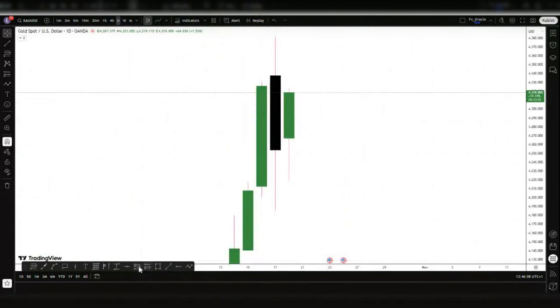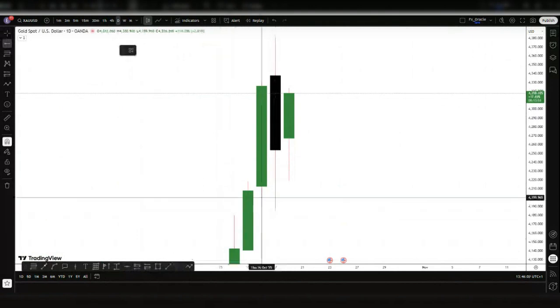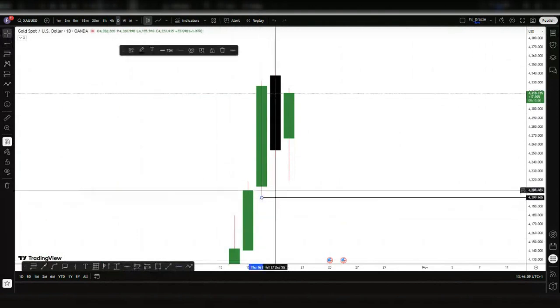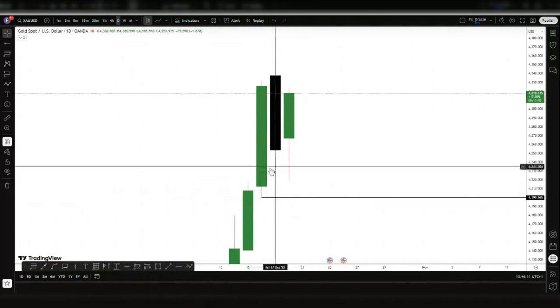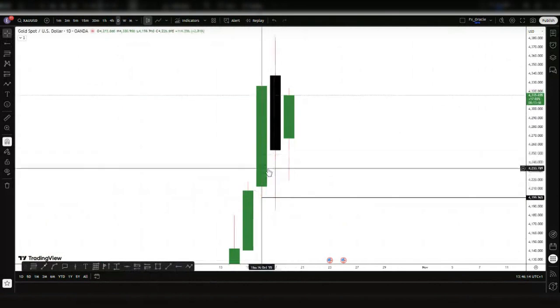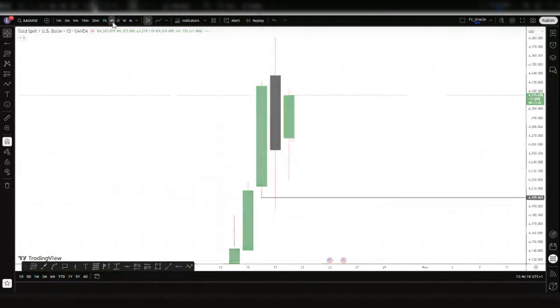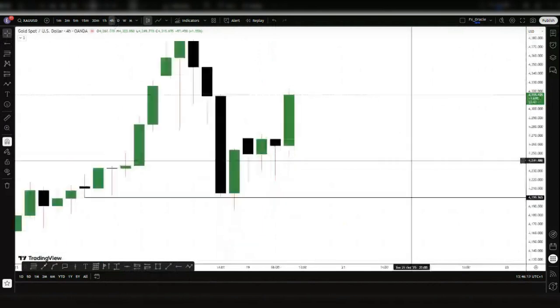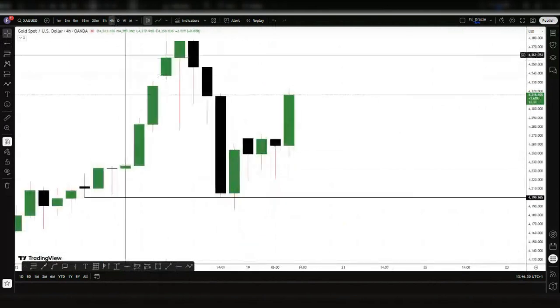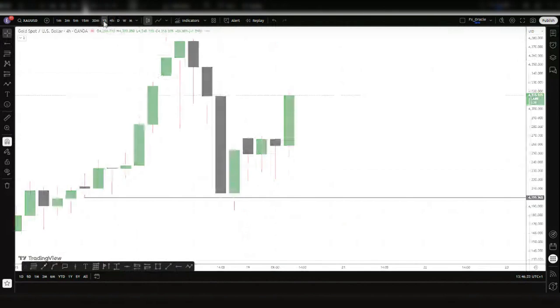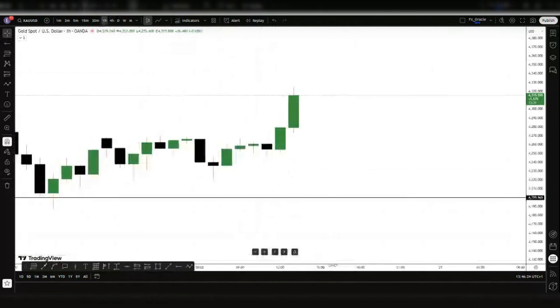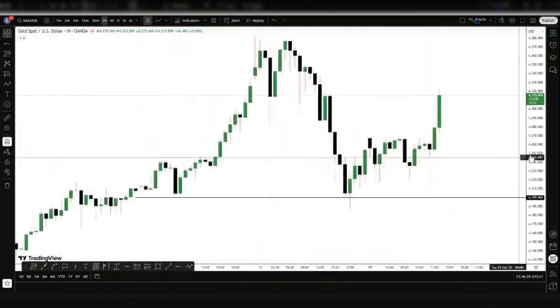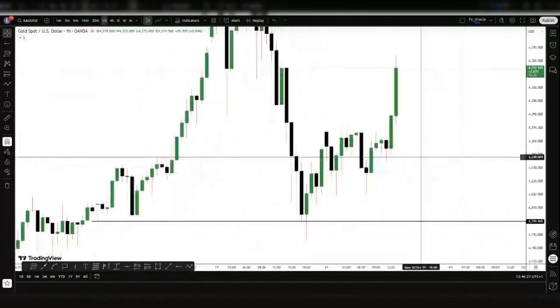So taking out this low. Gold took out that low. That was Thursday's low. Friday took out Thursday's low. Then on the 4 hour time frame, there was no clear structure, but on the 1 hour, we had this bullish structure. So what do we have here?